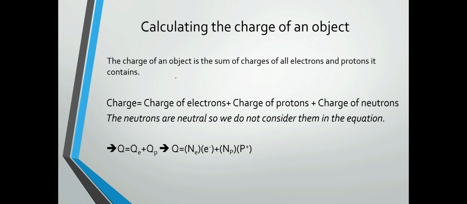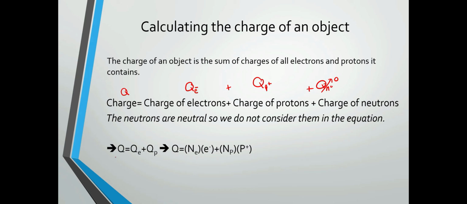They are neutral particles. So the charge of an object, Q, is equal to the charge of electrons, Q electrons, plus the charge of protons, which is Q protons, plus the charge of neutrons, which is always 0 because the neutrons are neutral.